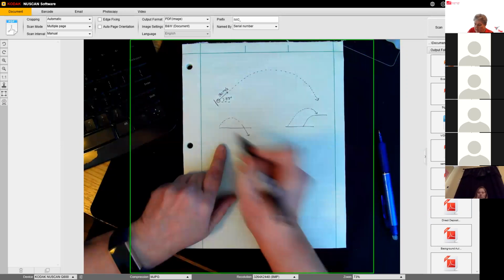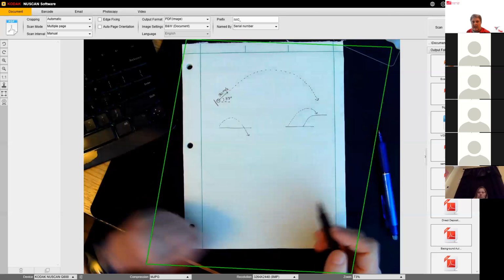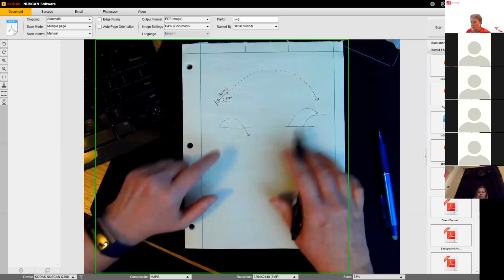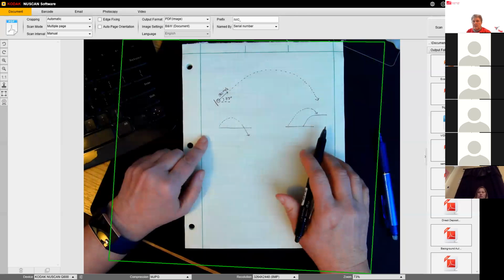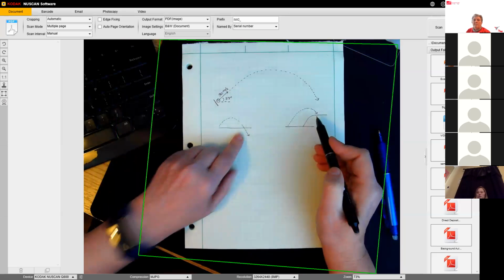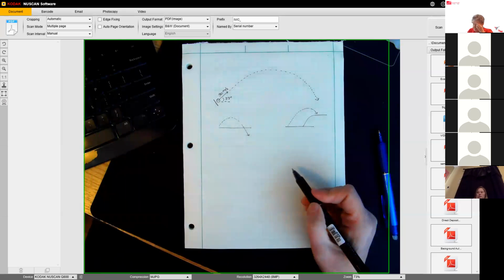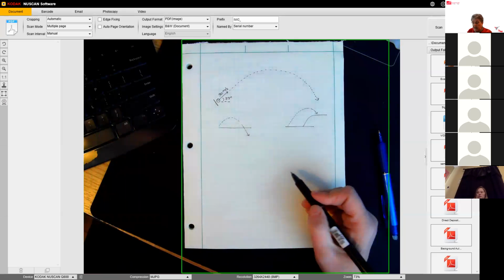But it doesn't really matter. The function of this particular trajectory is not going to make any difference as to whether I'm landing up here or coming down here. My questions that I'm asking may be different. So let's look at what we've got.